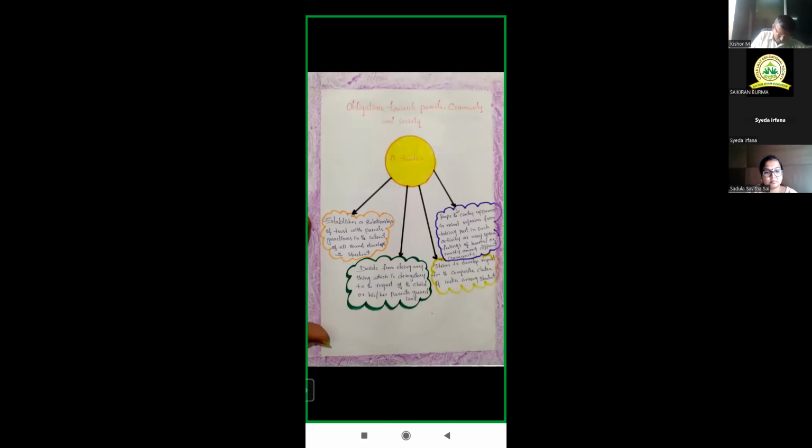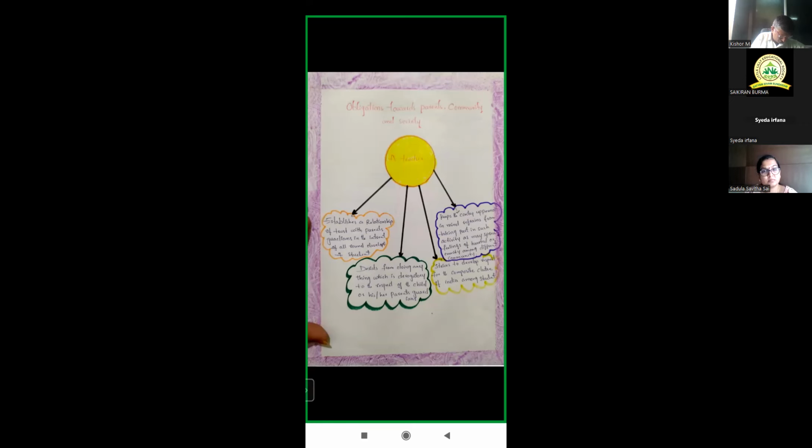Sorry, obligation toward parents, community, and society is the second one. Establish a relationship of trust with parents, guidance in the interest of all-round development of students. Every relationship is built on trust. Refrain from doing anything which is derogatory to the respect of the child, his or her parents, and guidance.